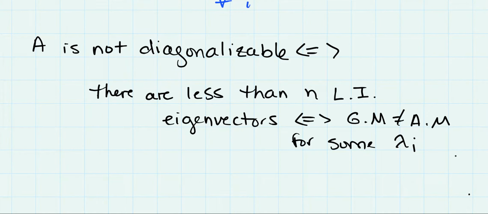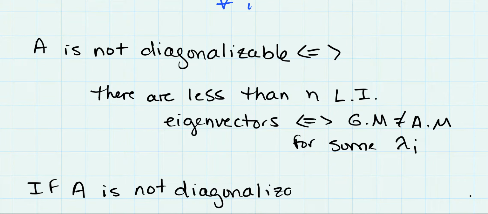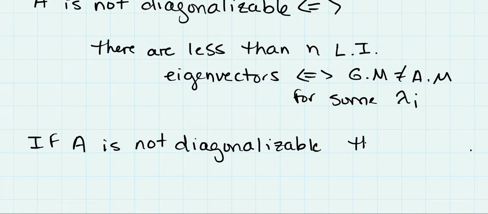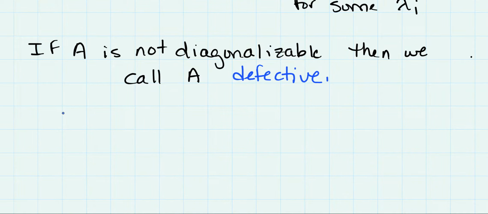So when a matrix is not diagonalizable, we call that matrix defective. We can't put it in this form, A is equal to X D X inverse. This just doesn't exist. There's no invertible X and diagonal matrix D that, when you multiply X D X inverse, give you A.